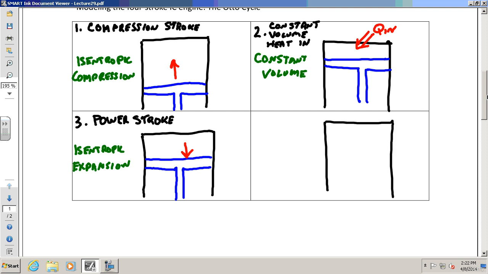The last thing is that we have a constant volume. We draw a large volume here, and we'll say this is Q out, and this is constant volume heat out.